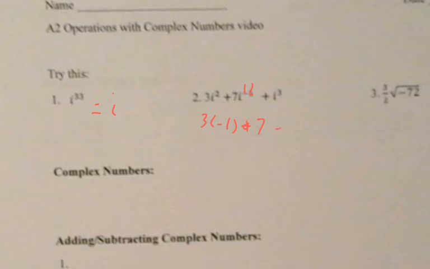And i to the third is -i. So we have -3 plus 7 minus i, and we have 4 minus i.